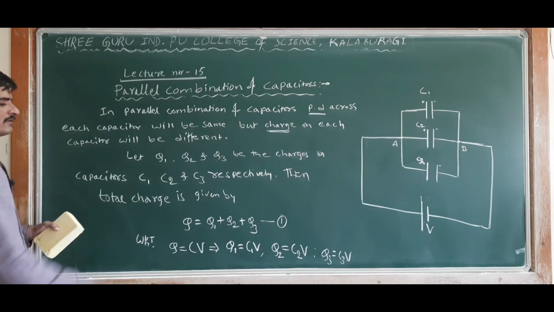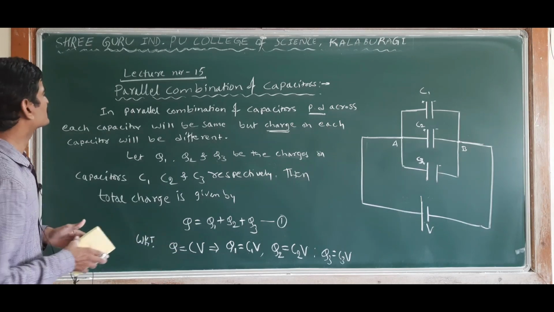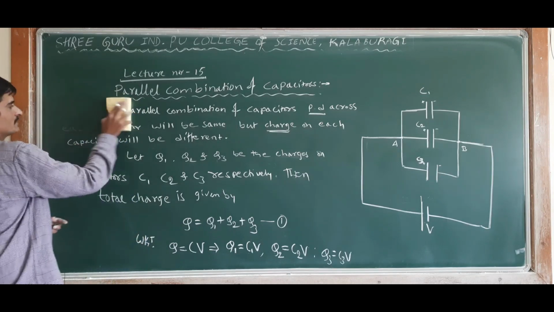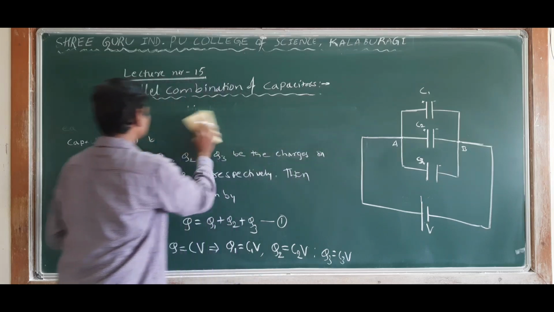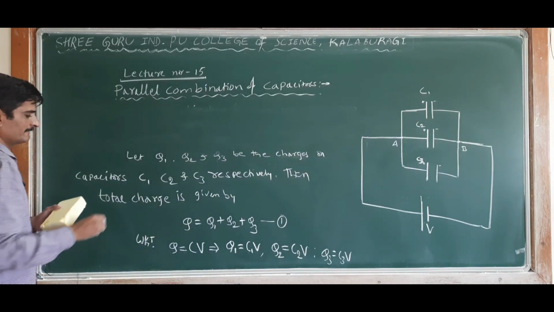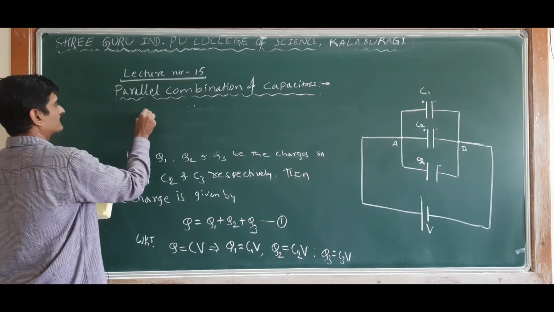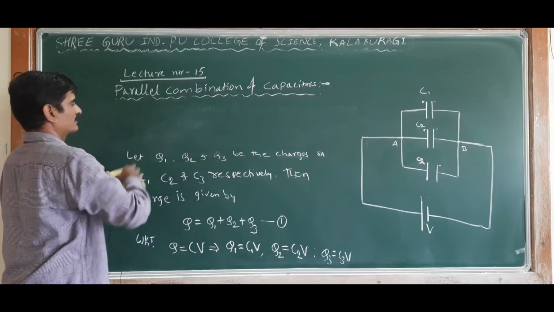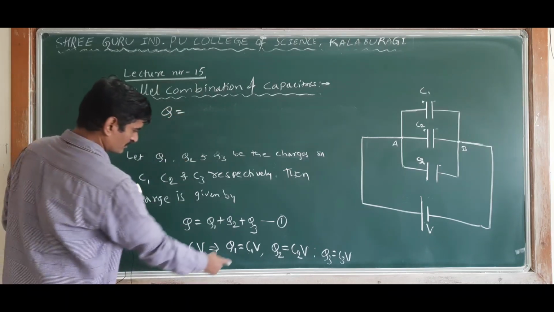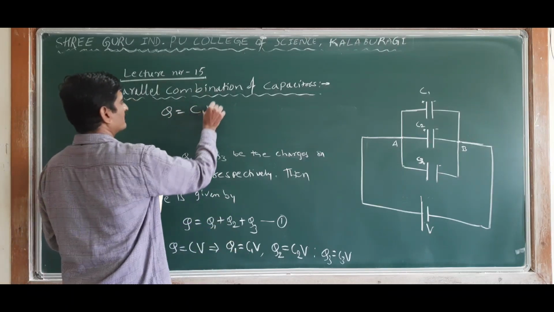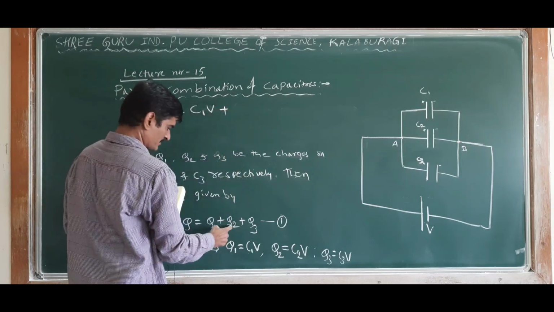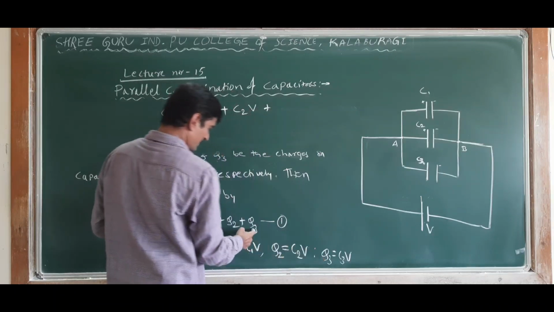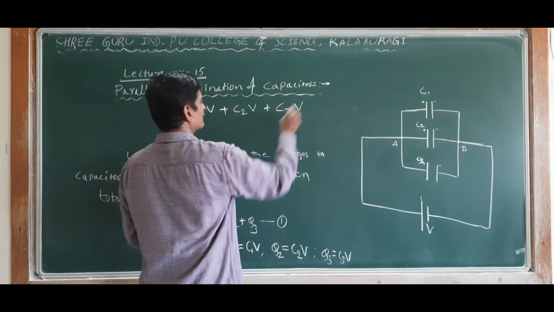Understood? Substitute these values in equation number 1. So we will get Q is equal to Q1 plus Q2 plus Q3, where Q1 is C1V, plus Q2 is C2V, plus Q3 is C3V.